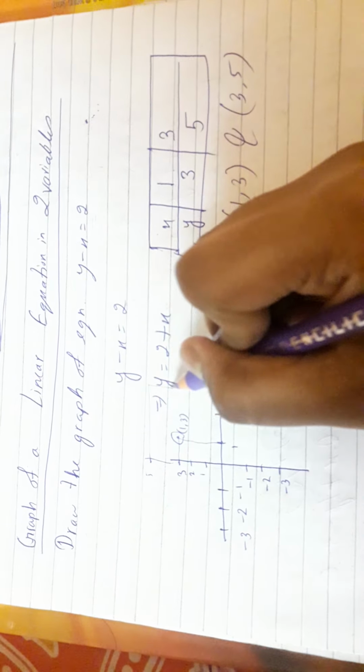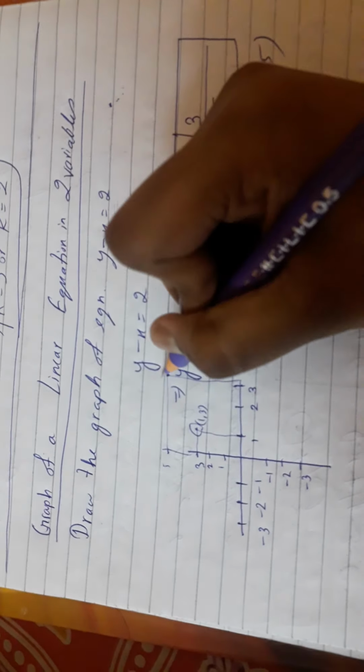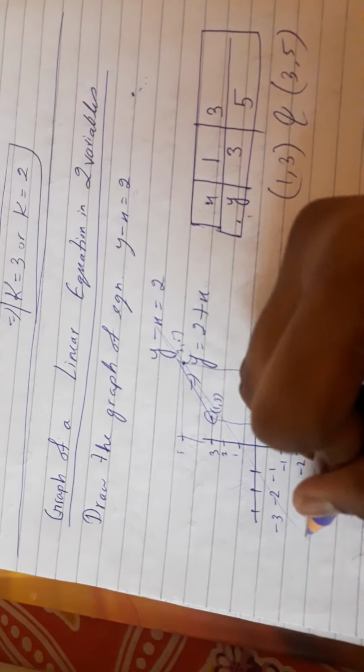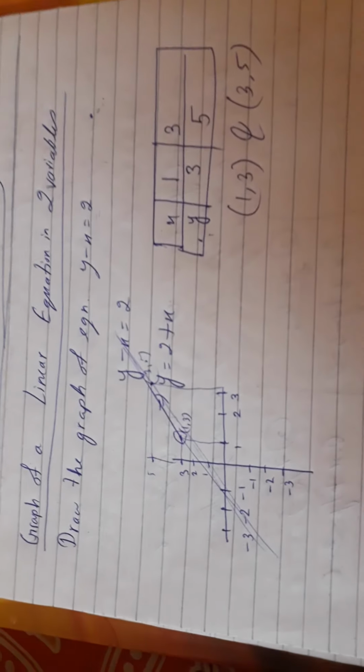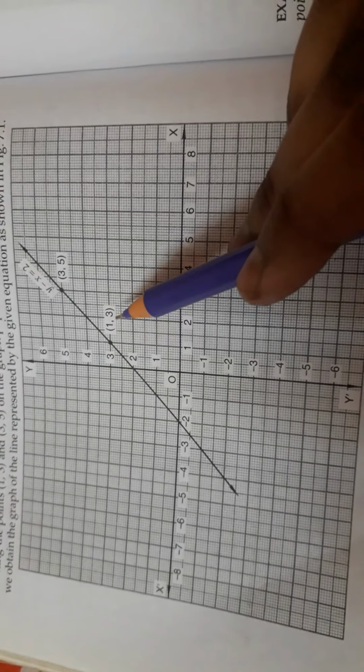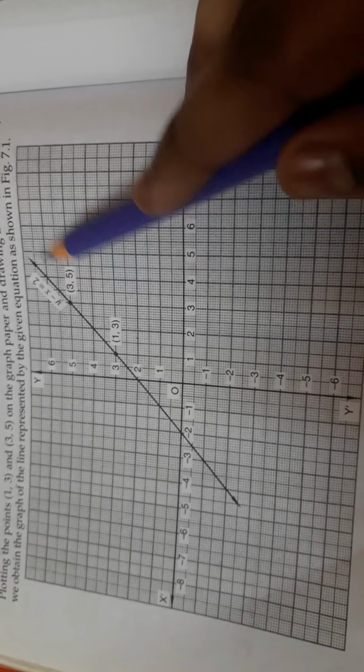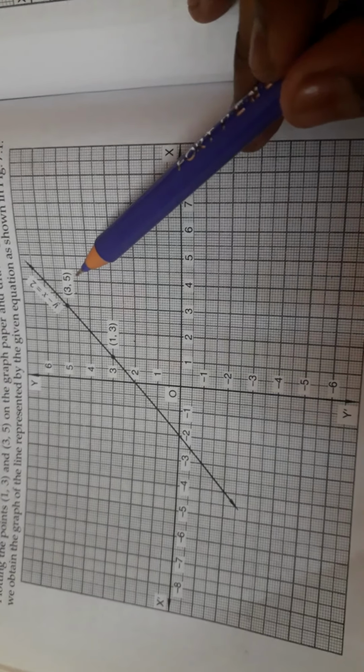So here will be the point 3 comma 5. Then you have to join the points, and you will get the solution. The graph will be here, 1 comma 3 and 3 comma 5. This is your line, and after finding the line you have to write this equation. This line is the solution of this equation.